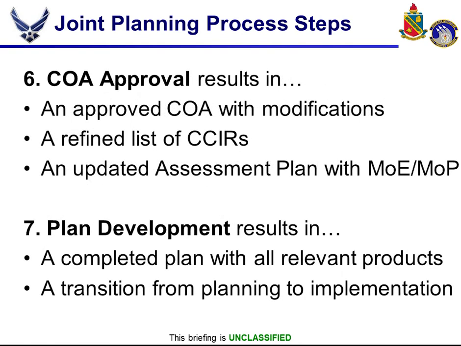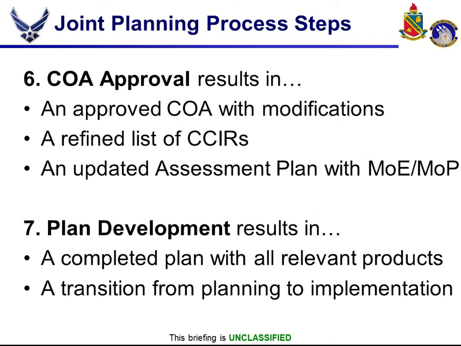The sixth step is fundamentally briefing the results of your course of action analysis, of your course of action comparison to the decision maker, and the decision maker will approve your course of action, make any refinements. You will produce a refined or updated list of commander's critical information requirements, and you will update your assessment plan.